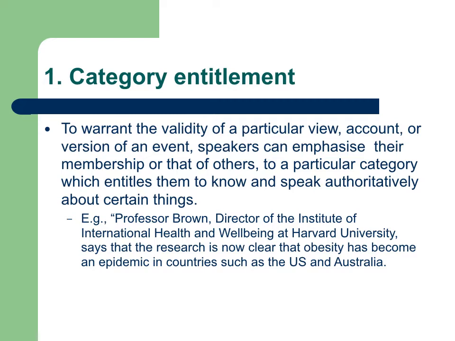So, a mother may say to a child, I'm your parent, I'm your mother, and I know what's best for you. And that's a typical ordinary use of category entitlement that's used in everyday social interaction, and of course is often used as a way of disciplining children or teaching children particular normative standards of behaviour.